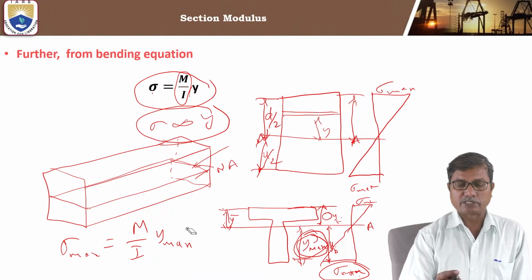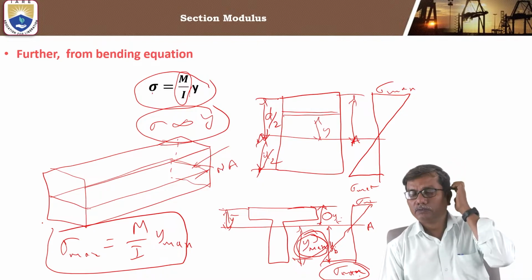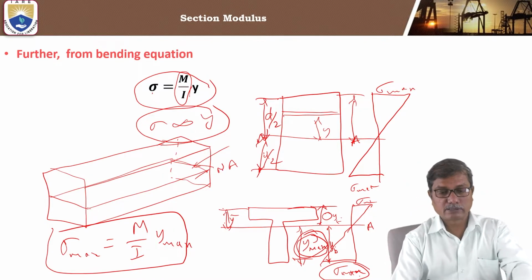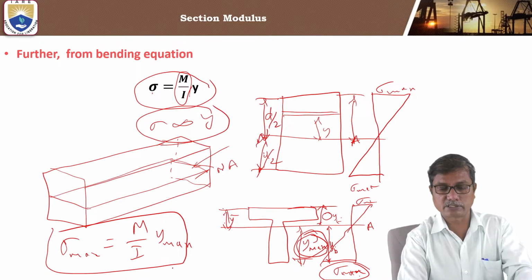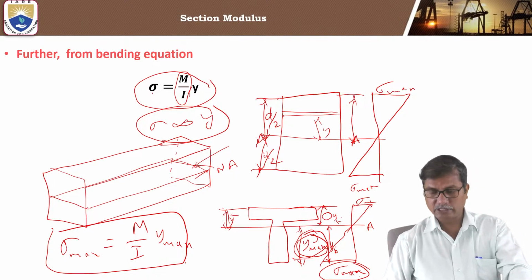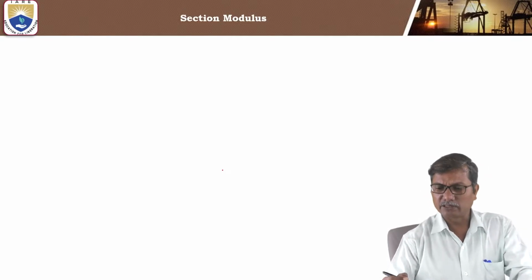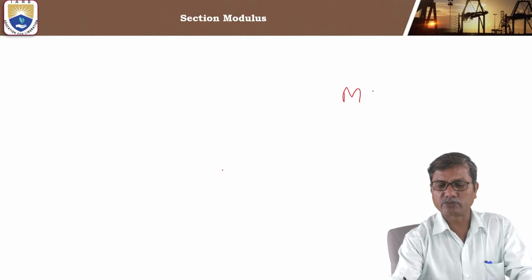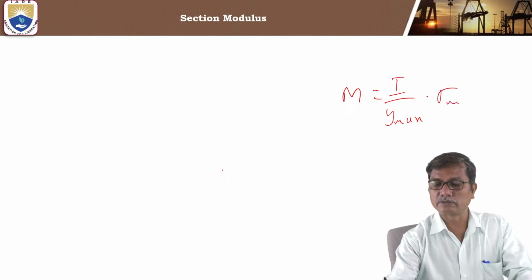Based on this equation, we express the bending moment in terms of maximum stress. That equation is M is equal to I by y maximum into sigma maximum.